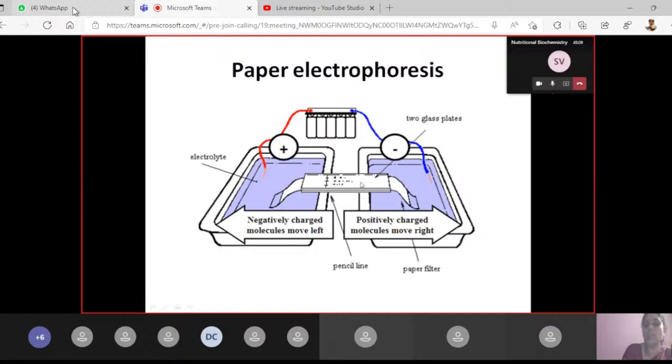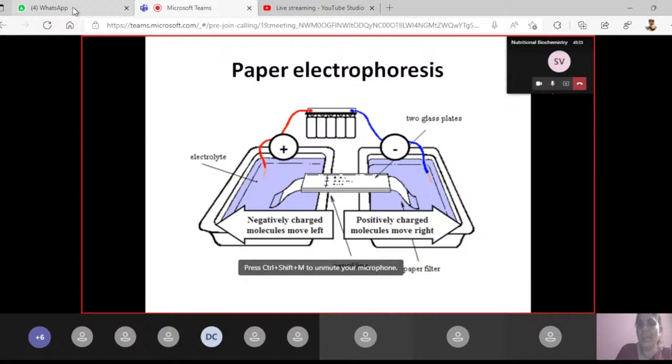If the molecules are negatively charged, they will start moving towards the anode. Okay, so they will get separated. So larger molecules will move slowly, smaller molecules will run faster, and the molecules which carry more charge will run faster when compared to the molecules carrying less charge.